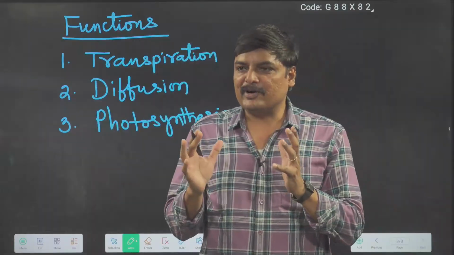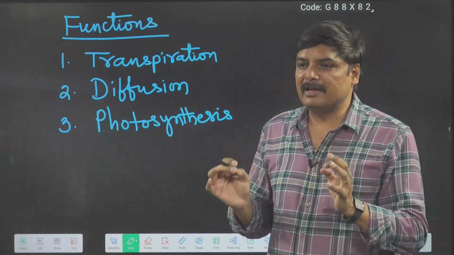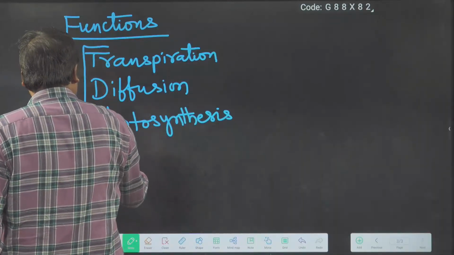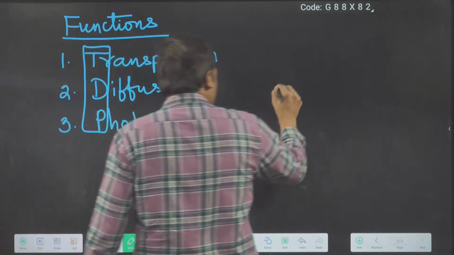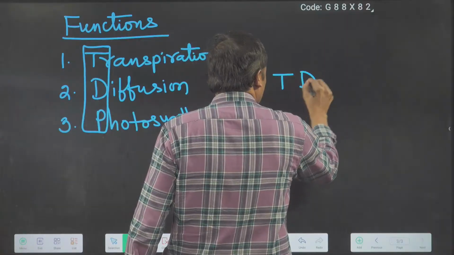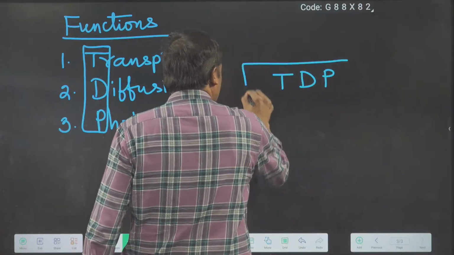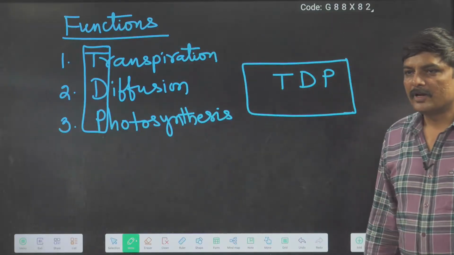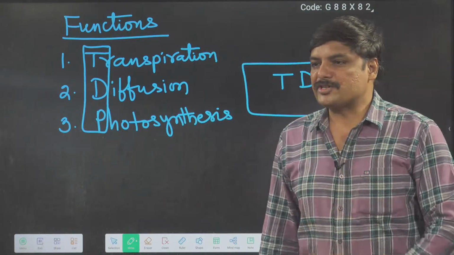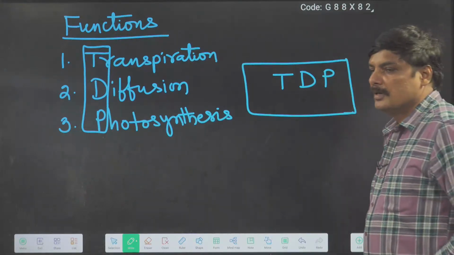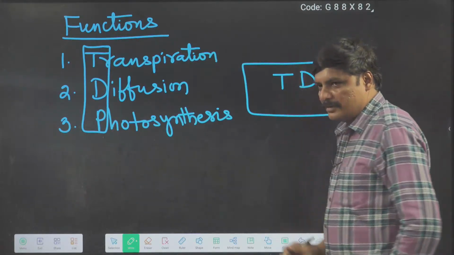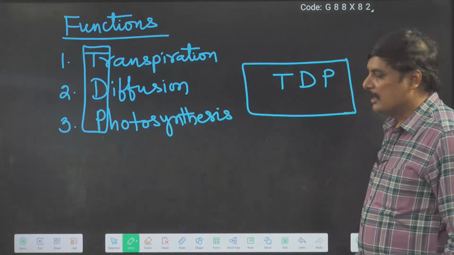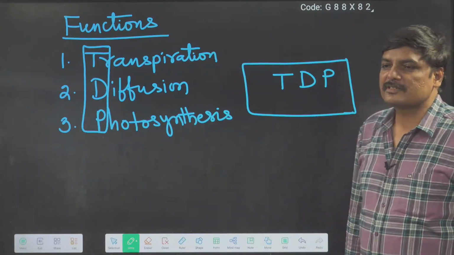These are the three functions of the leaf mainly. You can remember easily like this. TDP are the functions of leaf. T for transpiration, D for diffusion, P for photosynthesis.